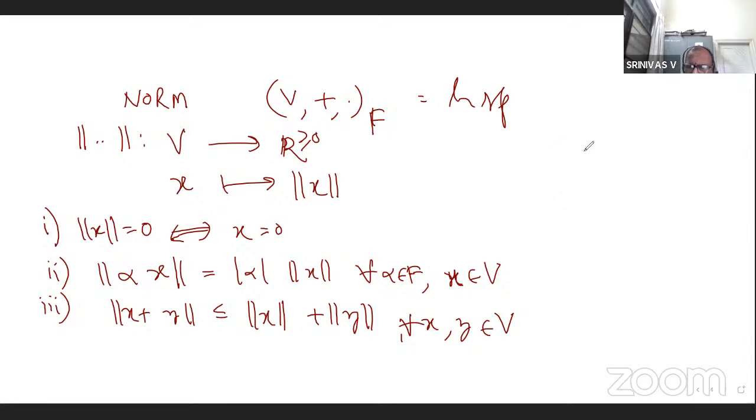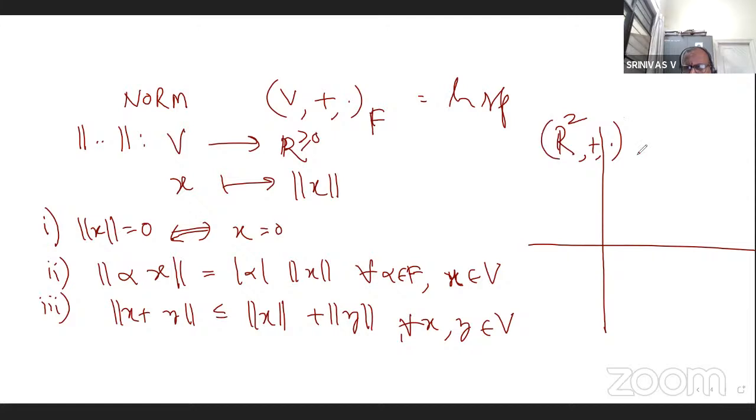For example, if we consider R2, these x are coming from R2. If your V is R2, R2 can be seen to be a vector space over R, the field of real numbers.